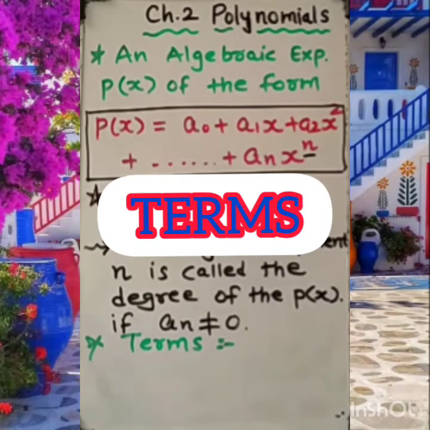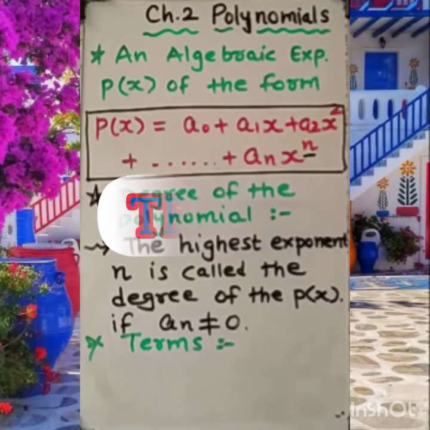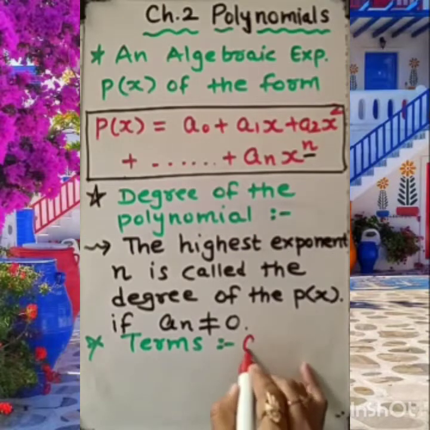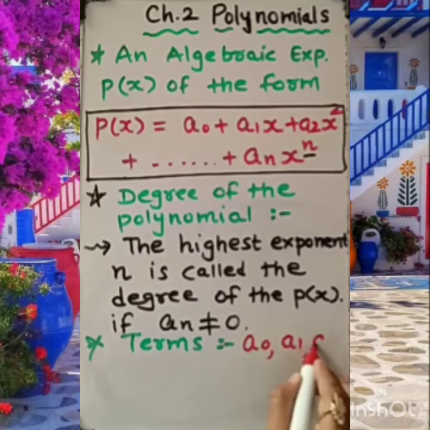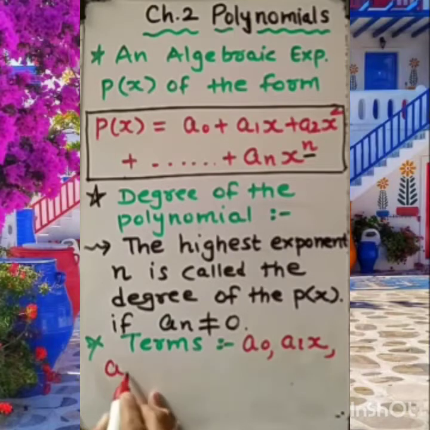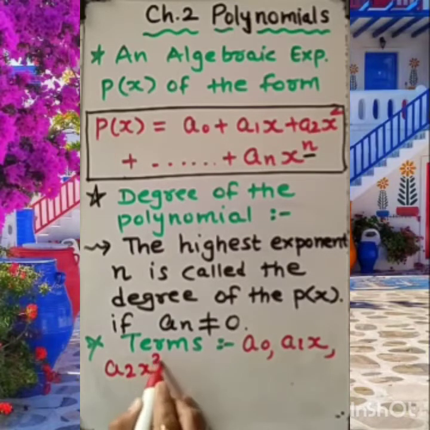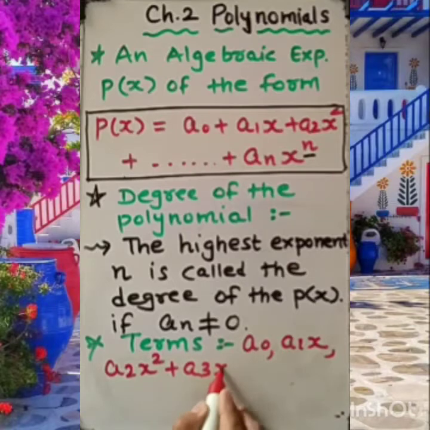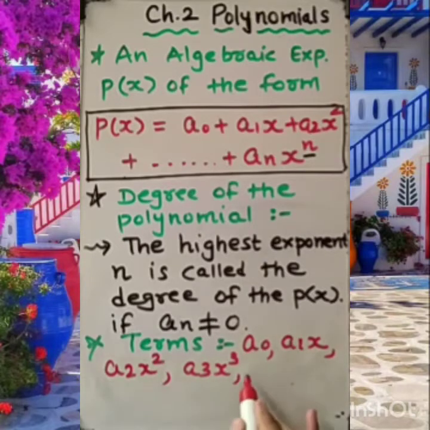Simply I should say, in this polynomial you can see a0, a1 x, individually we are separating the terms: a2 x squared, plus a3 x cubed, plus, not plus, I should mention a comma between them. These individually are called terms, and the last term is an x to the power n. These are called the terms of the polynomial.